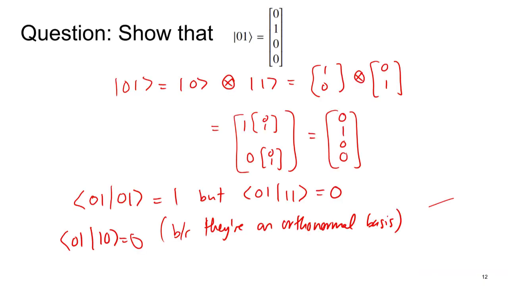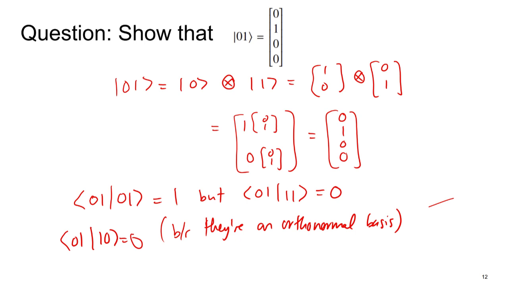We're going to do the tensor product of |0> with |1>. We can write them in their column vector notation. And so that gets us to the following expression. So we have (1, 0) tensor (0, 1), which is just what we wrote.